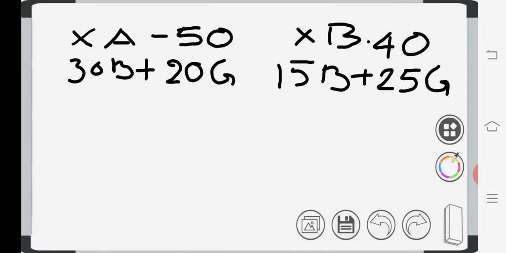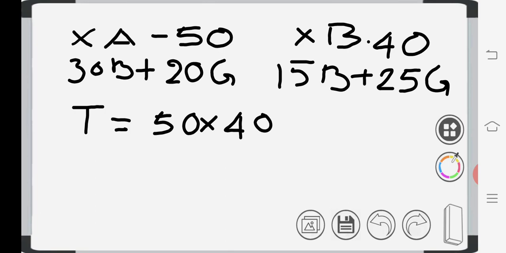From these totals, we can find out total number of possible pairs. Multiplying these, we get total number of possible pairs is 50 into 40, 2000.